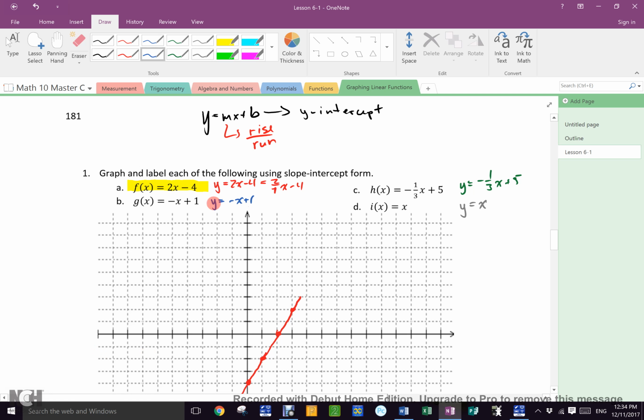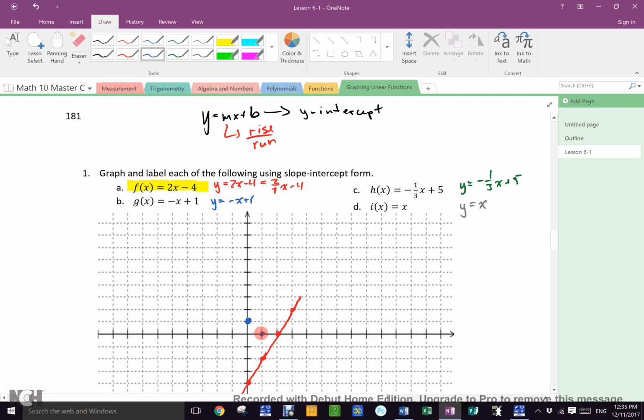So, what do I know about the blue one? Where can I put a dot right now? On which axis? On the y-axis. And what do I know about the slope? It's -1, right? So, that means I got to go up or down 1? Down 1 and then where? Don't say over, right or left?